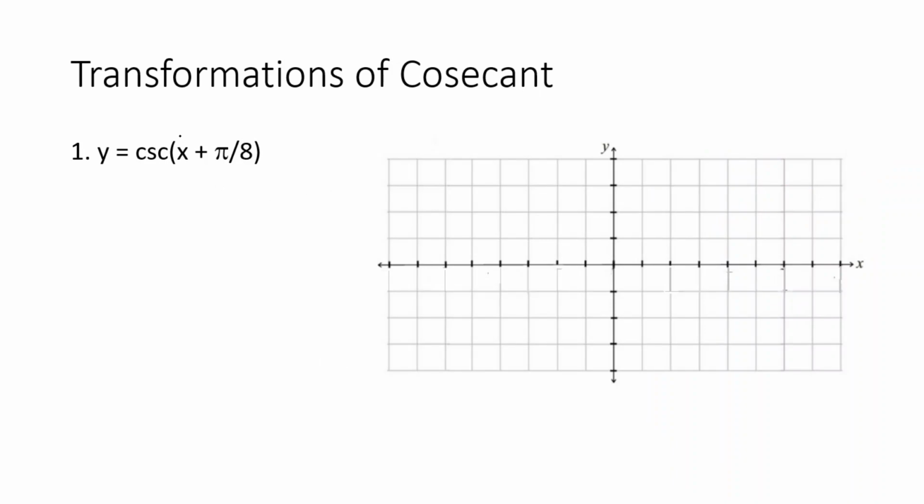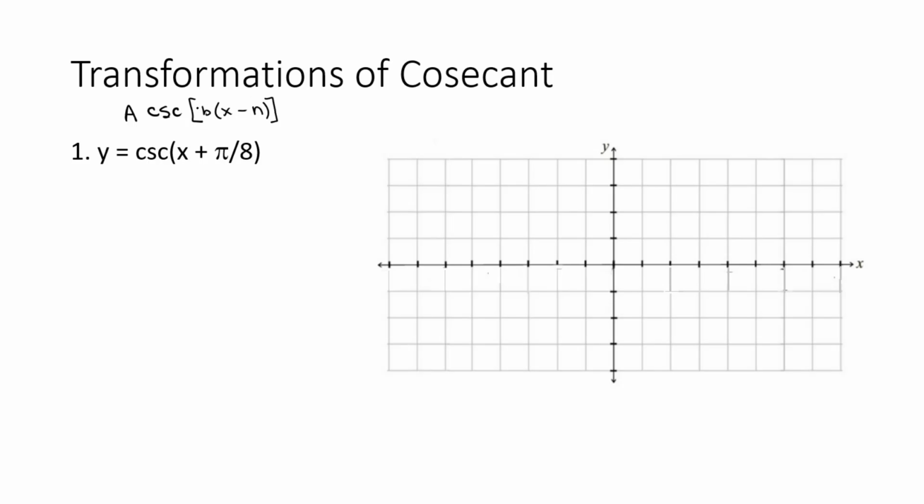So let's remember the same thing we've done before. We're going to have A times cosecant of (b times x minus n). B and N can be any letter we want. They're not specific, just two different constants.